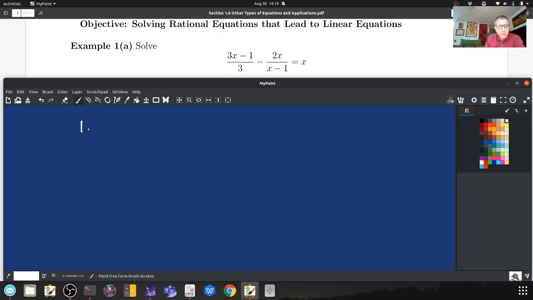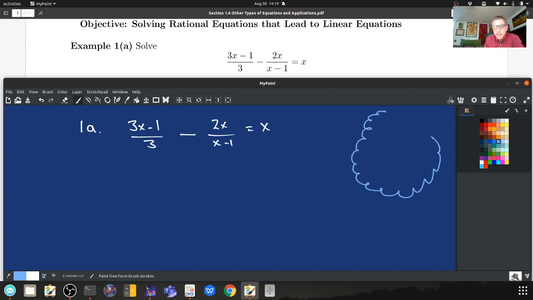So what we want to do, after I write this down, 3x minus 1 over 3 minus 2x over x minus 1 is equal to x. We can do things in any order we want. But first, let's find the values where the denominators can equal 0.